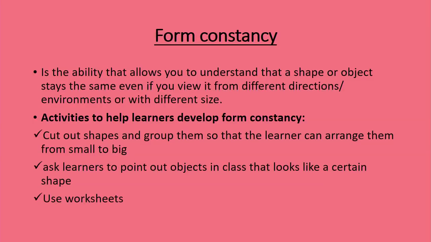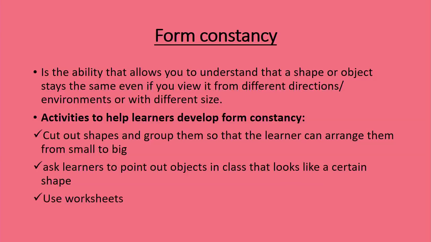Right. When it comes to form constancy, what is form constancy? It is the ability that allows you to understand that a shape or object stays the same even if you view it from a different direction or in a different environment.